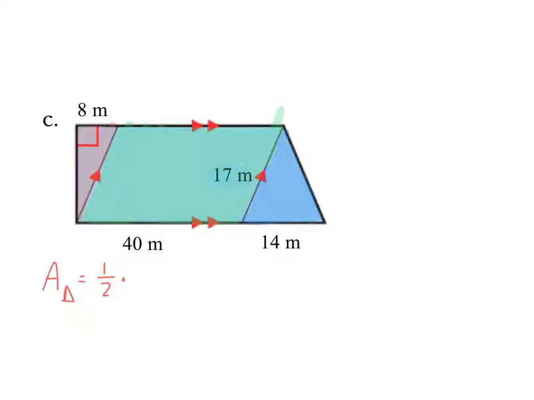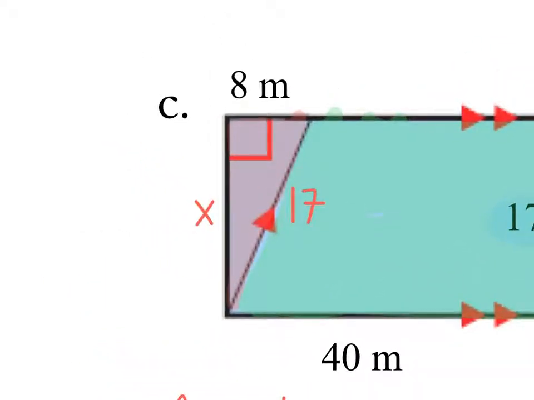So I have the triangle over here is 1/2 times base times height. Well, that would be 8 times. Now, this length right here, I do not know. So that has to be my x. This is 17, so over here is also 17. So now if I get something that looks like this, I can do Pythagorean theorem.